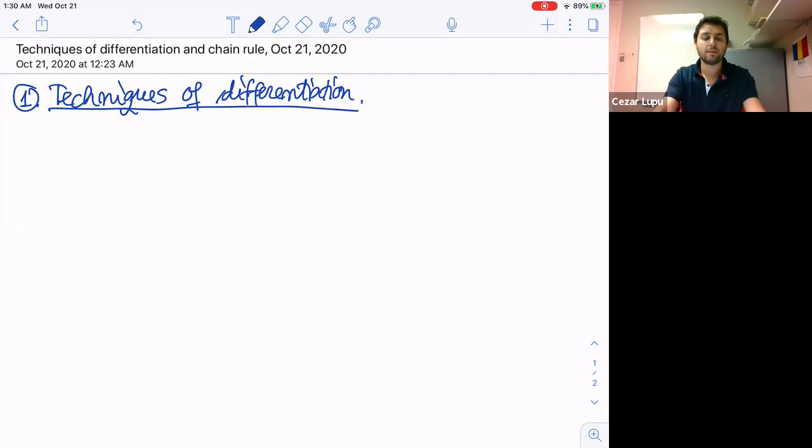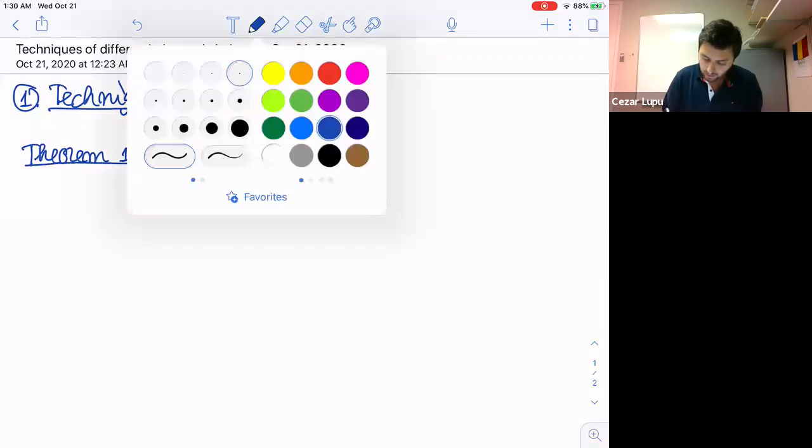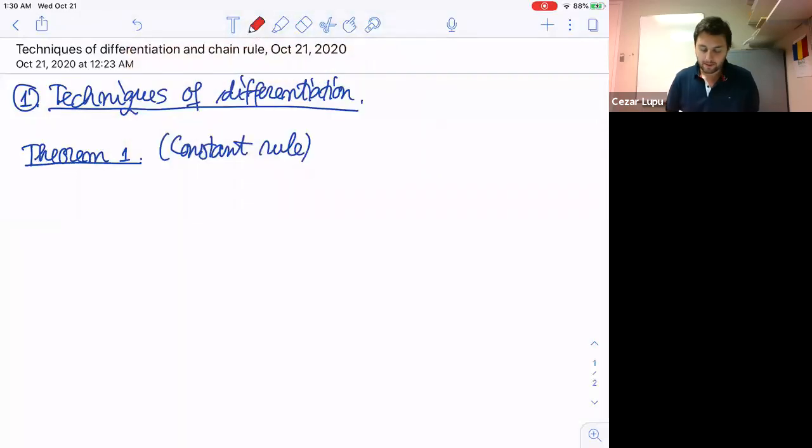The first thing that we have, let's call it theorem 1, will be the constant rule. Let me write this with a different color.